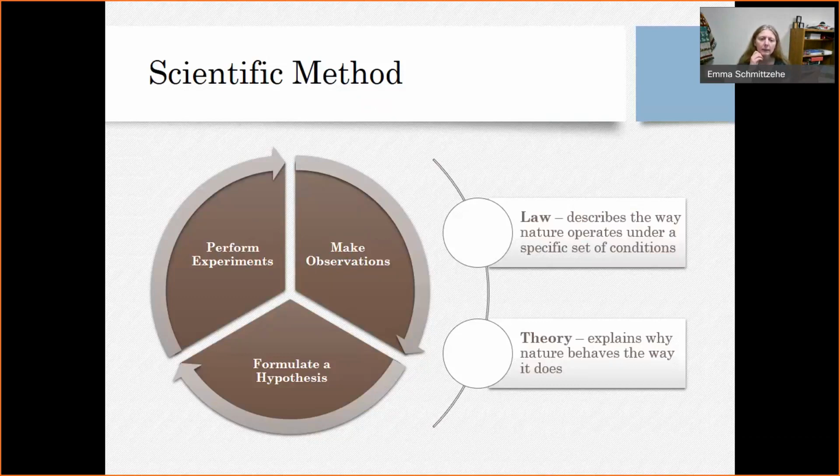But usually it's a little more guided. Usually you come in and start at the experiment stage instead of observing something and trying to come up with a hypothesis. But overall, it's still that same cycle. And you're just trying to observe something and understand what's happening by actually doing something, okay?